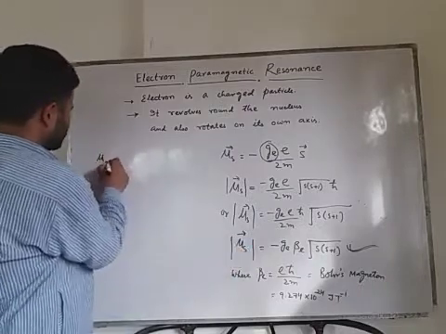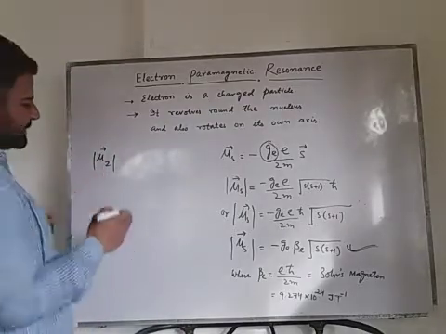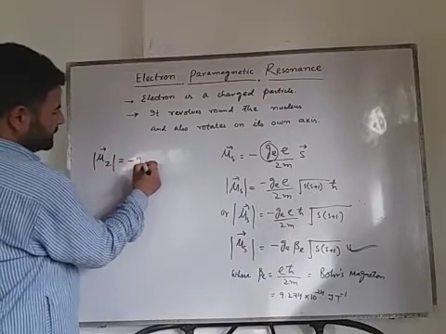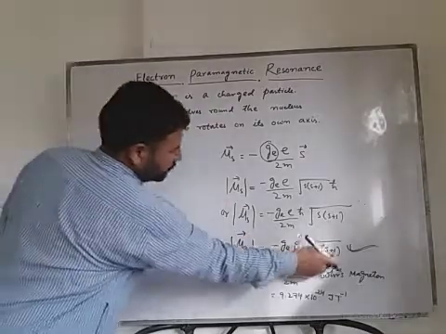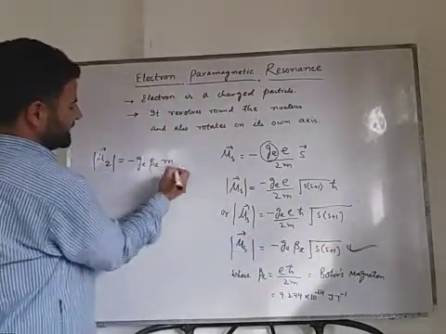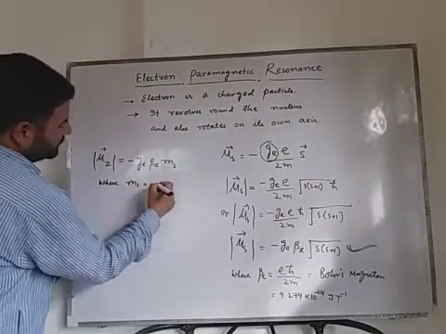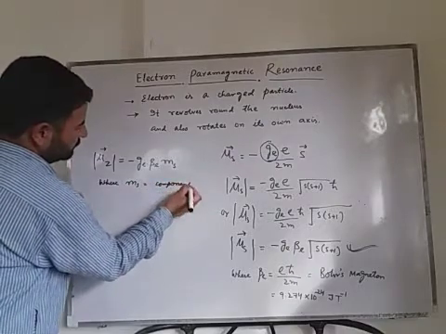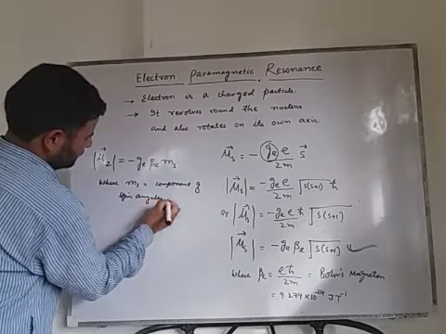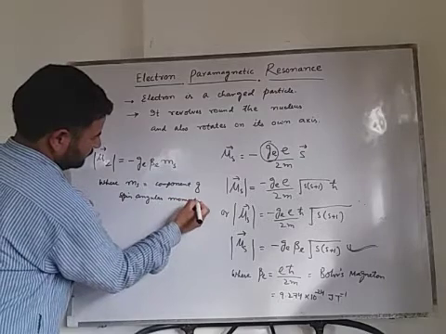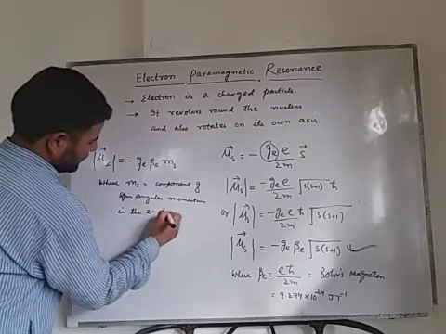We can write mu z, that means the spin magnetic moment in the z direction, it will be given as minus ge beta e, and in place of this root of s into s plus 1, it will be written as ms, where ms is equal to the component of spin angular momentum in the z direction or z coordinate.